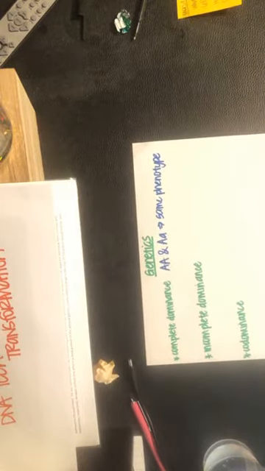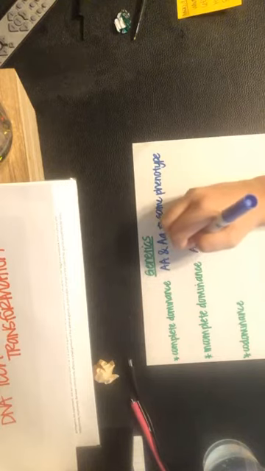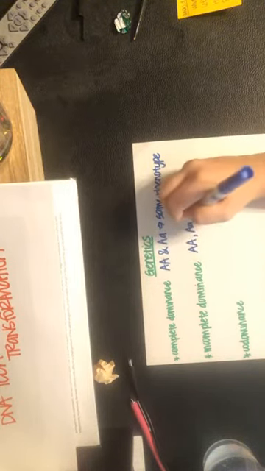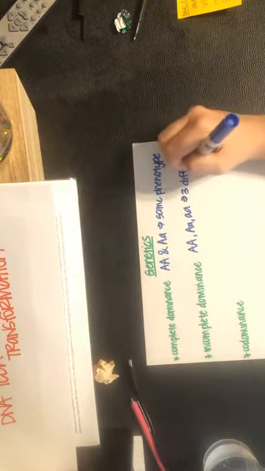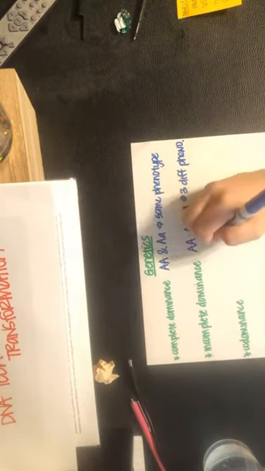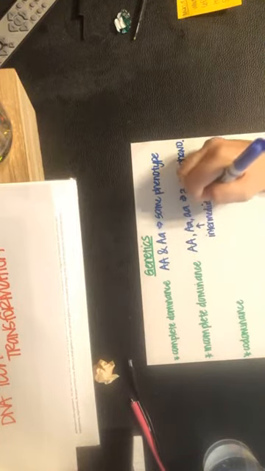With incomplete dominance, you're going to see three different phenotypes. So AA, A little a, and little a are going to give you three different phenotypes. What we find is that the heterozygous tends to be an intermediate or a blend between the two.